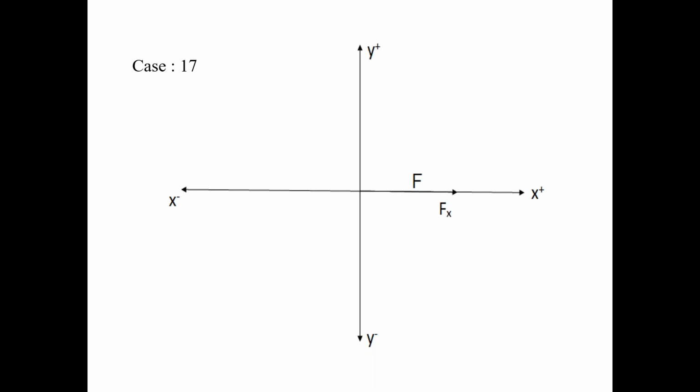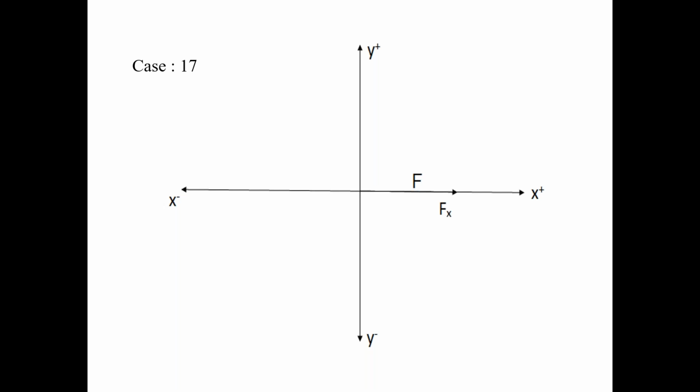It is not in an inclined direction. Since the force F is lying on the x-axis, the angle made by the force F with the x-axis is 0 degrees. So in this condition 17, the angle theta made by the force F with the x-axis is 0 degrees.